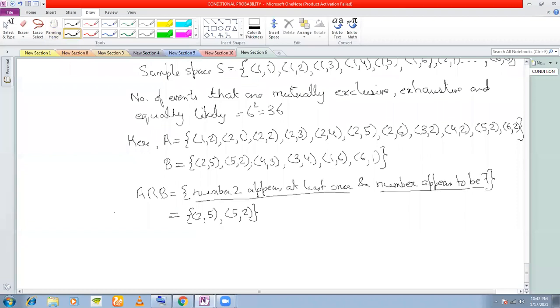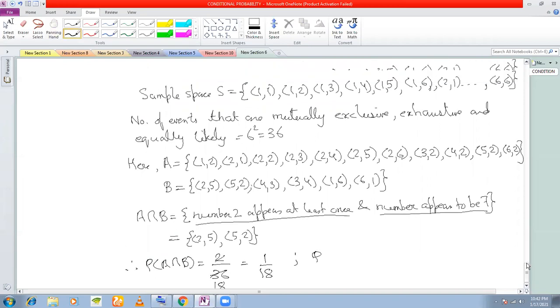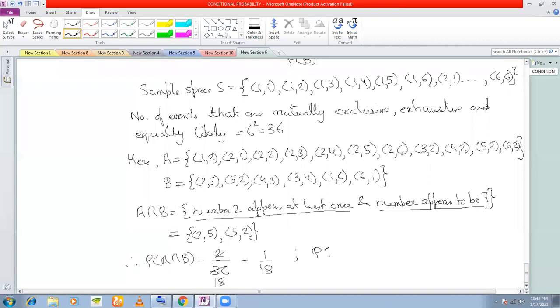Okay, so let us now find out the probabilities. Therefore, P(A intersection B) is 2 by 36, which is 1 by 18. And I need P(B). How many events are in B? 6, so 6 by 36, which is 1 by 6.